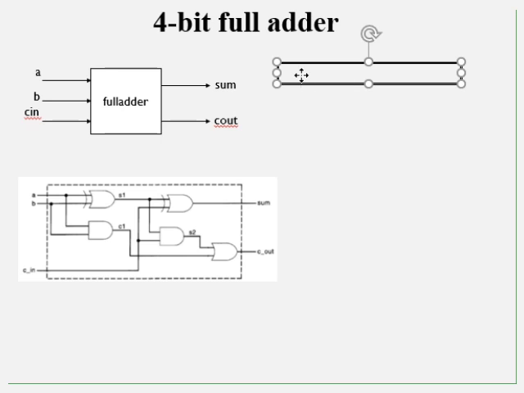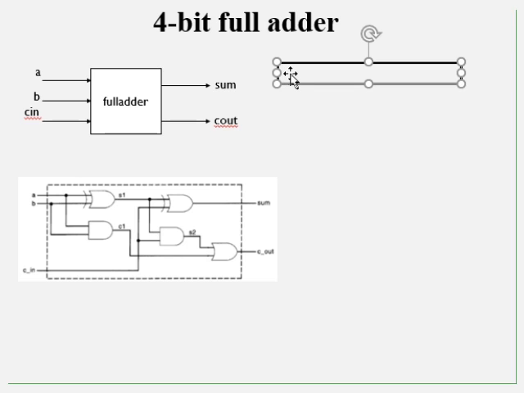Our next job is to describe the full adder. Now we have realized the 4-bit full adder using 4 full adders. As I've told you, the full adder is not predefined in Verilog, so you need to describe what a full adder is. I've put the block diagram of the full adder. A, B, C are the inputs, sum and carry out, C out, are the outputs.